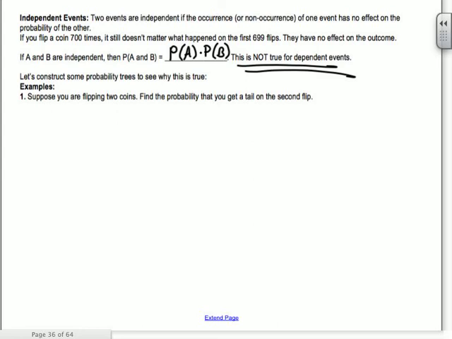Okay, so let's talk about these trees. Suppose you're flipping 2 coins. This is my first coin. My outcome is going to be either heads or tails. Then I'm going to flip it again, so these branches represent the second coin. After I get a heads, I could get a heads again or a tails.